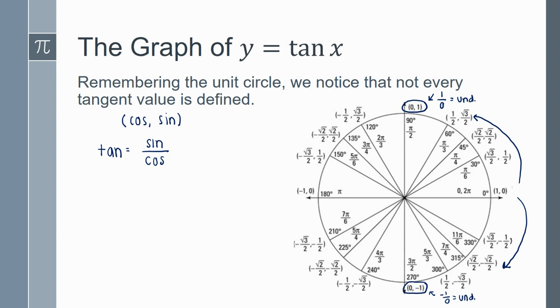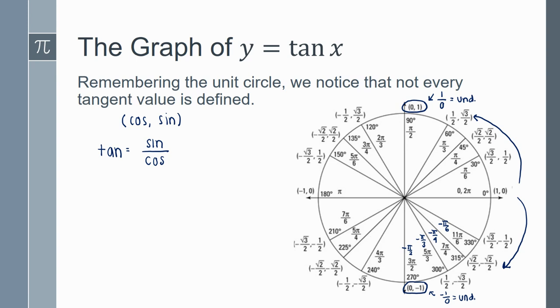So I can't just jump from the first quadrant to the fourth unless I think about the fact that moving down in a clockwise direction technically makes those angles negative. So we've got negative pi over 6 and negative pi over 4 and negative pi over 3 and negative pi over 2. We want to think about those angles as negative angles to keep it connected between the first and the fourth quadrant.